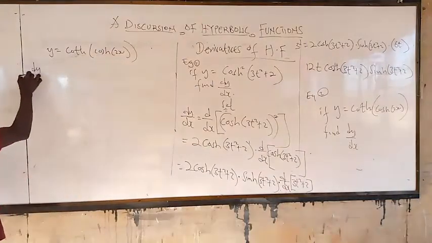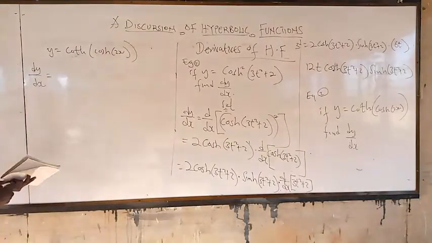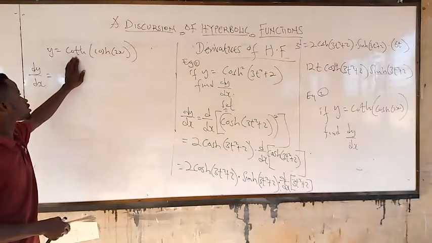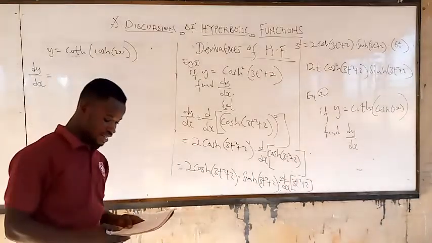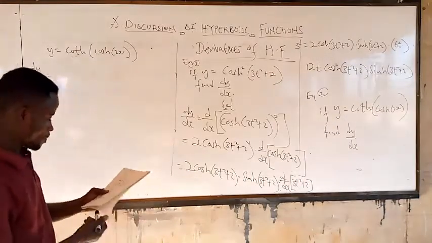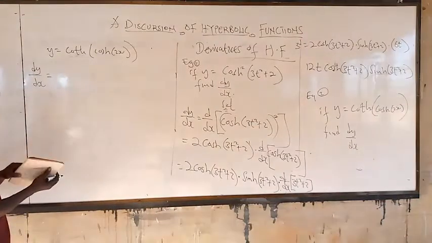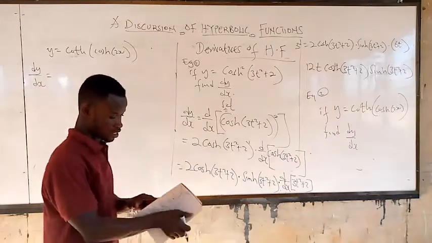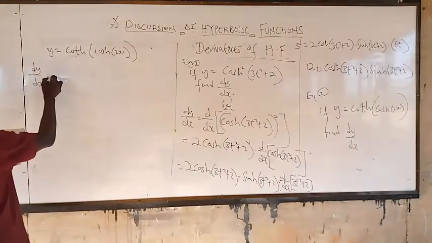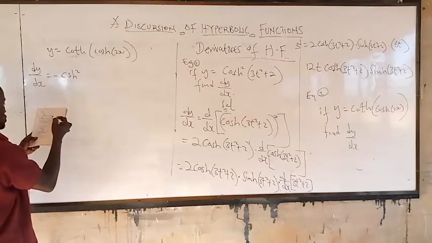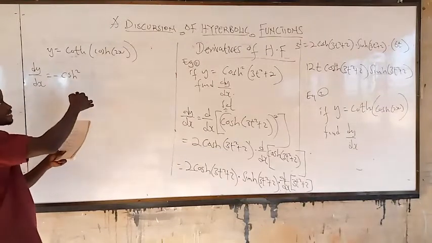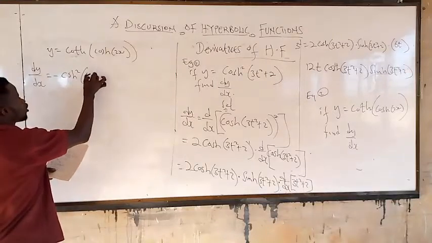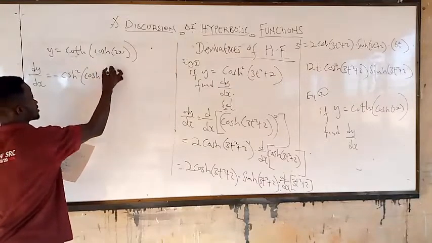So dy/dx will be equal to, when you differentiate, forget about the angle now. When you differentiate cot x, what will you get? That is going to give you, let me go back to my formulas, negative cosec square s, but now the s, that's the angle, is represented by cos 2x.